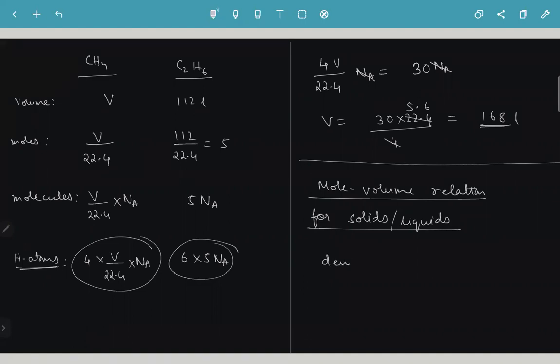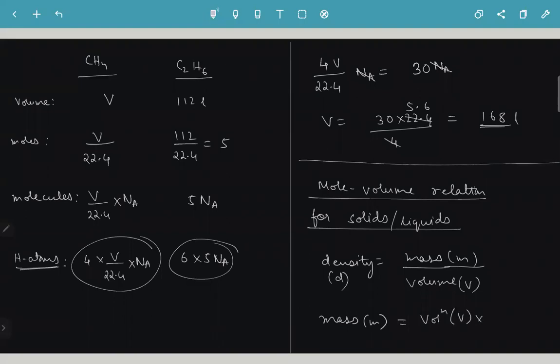We know that density is equal to mass by volume. So from here we'll get mass M is equal to volume into density.